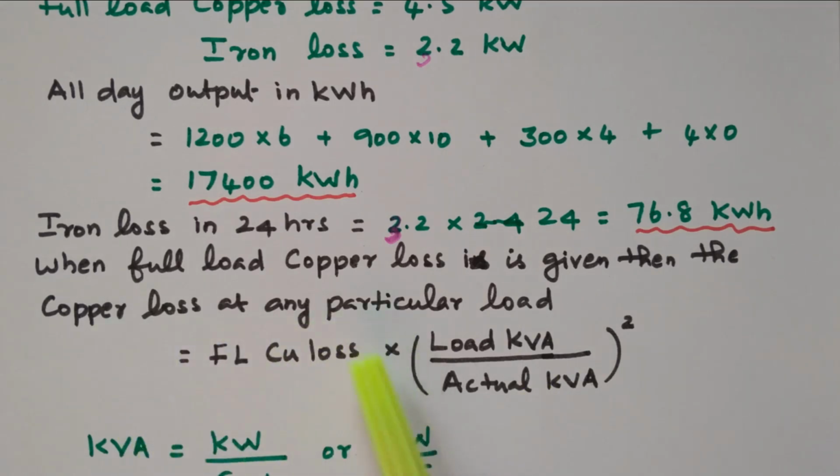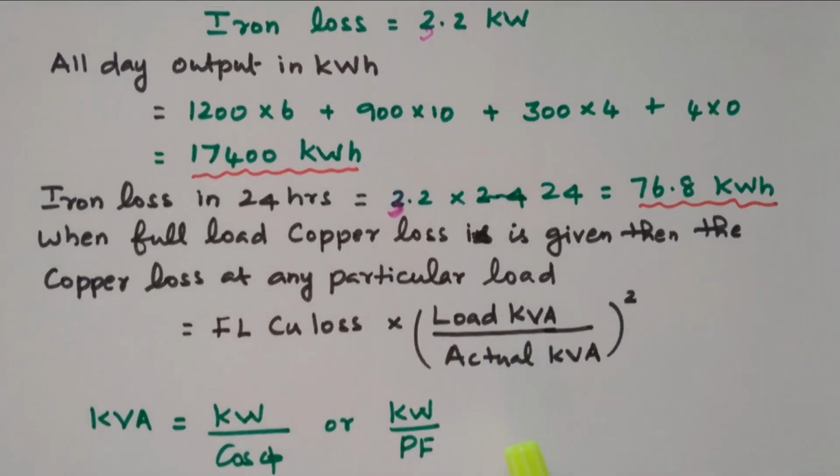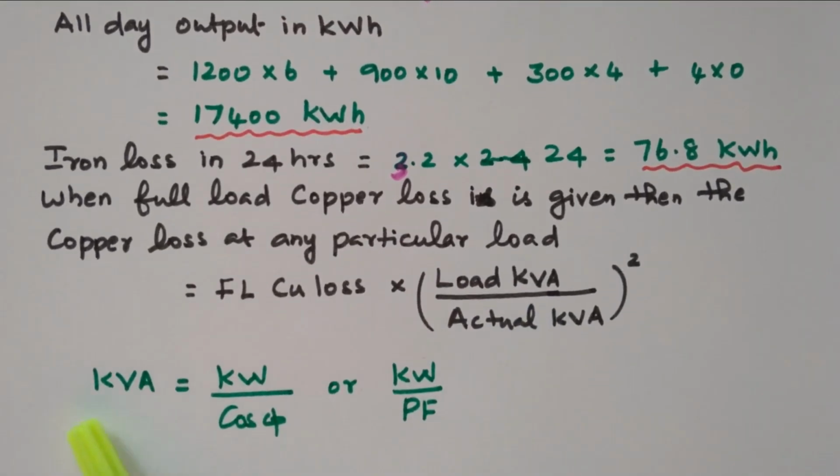How will you find the kVA? kVA equals kilowatt divided by cos phi, that is, kilowatt divided by power factor. Using this formula, we can find the copper loss for a particular load.